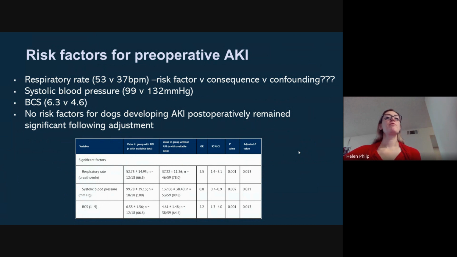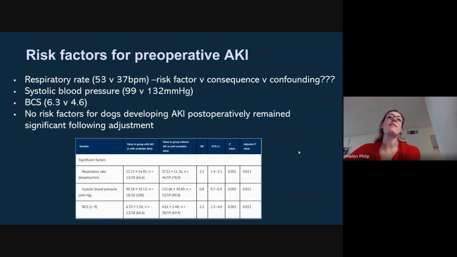So respiratory rate, so 53 breaths per minute in the AKI dogs versus 37 in those without. I think it's difficult to know because for me, if they're presenting with this, it's just difficult to know which has come first. So can we truly say this is a risk factor, or is it a consequence of the AKI?